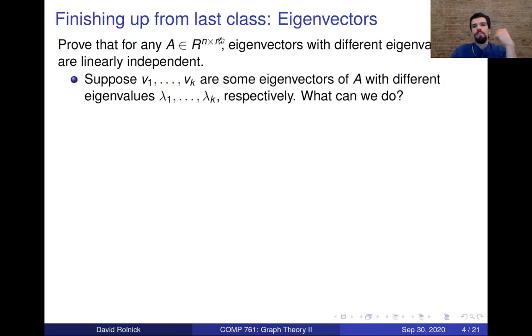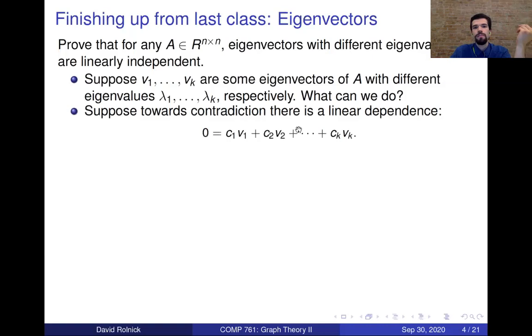We want to show that some eigenvectors are linearly independent. I like the idea of contradiction. I like the idea of taking a linear combination. Suppose towards contradiction that there is some linear dependence between them. What can we do with that?